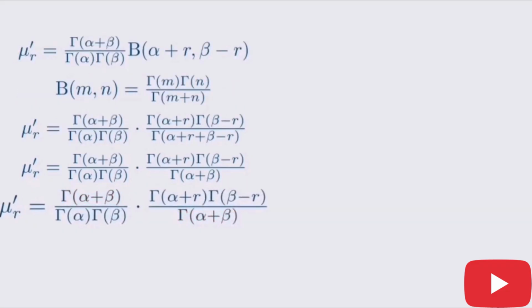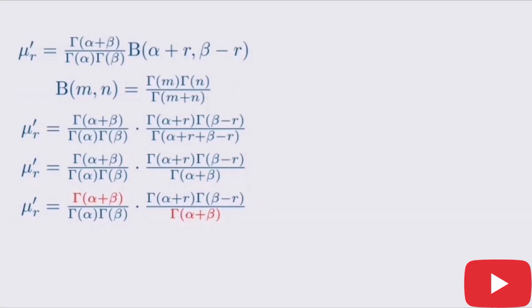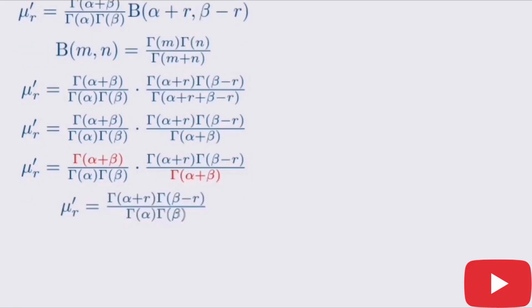We can now see that the term gamma of alpha plus beta appears in both the numerator and the denominator. After canceling those terms, we are left with a much simpler expression for the moment. This is the general form of the rth moment using gamma functions. In the next scene, we will expand these gamma functions to reach the algebraic form we were asked to prove.